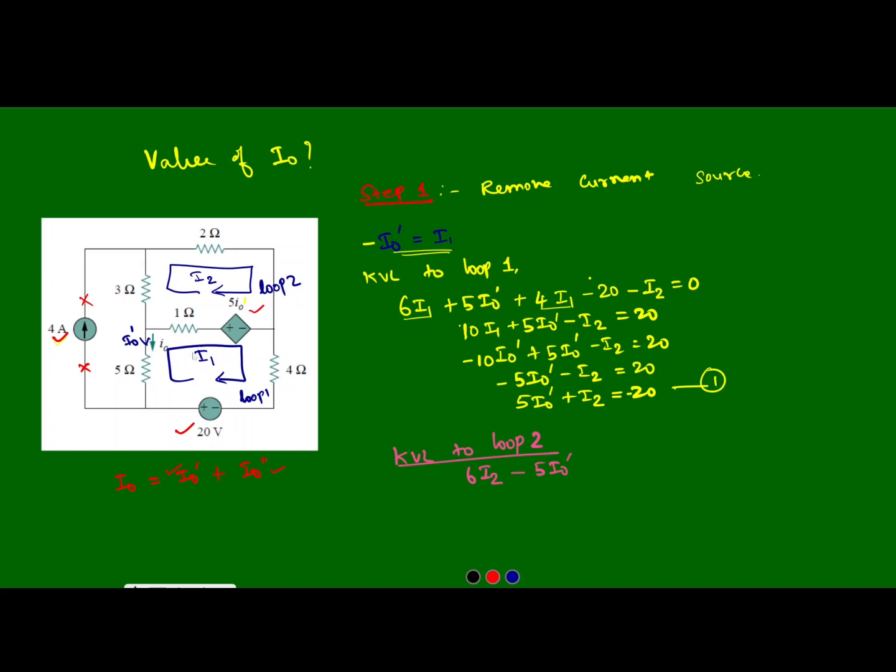The current direction is opposite to I2, so we can write the negative I1, which is equal to 0. Now wherever I am finding the I1, I need to apply minus I0 dash. So 6 I2 minus 5 I0 dash, minus of minus I0 dash will become plus I0 dash, which is equal to 0. On further simplification, we will get 6 I2 minus 4 I0 dash is equal to 0. Say this is equation number 2.